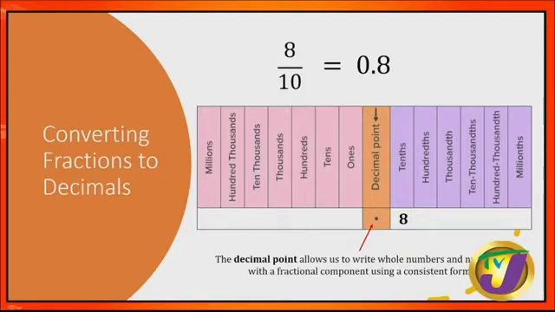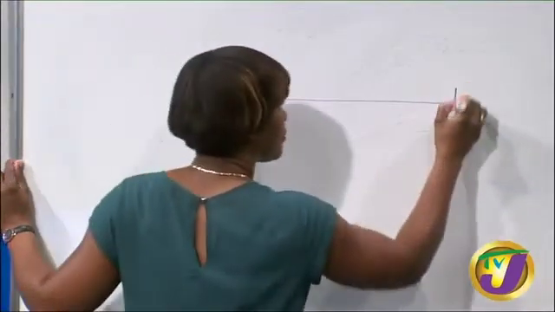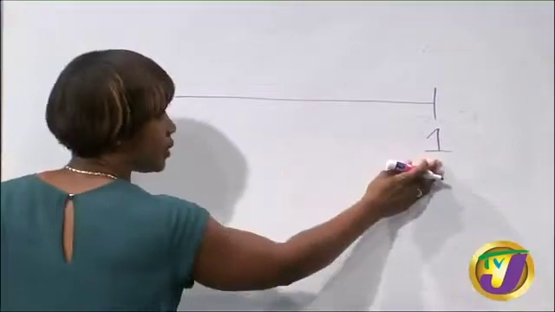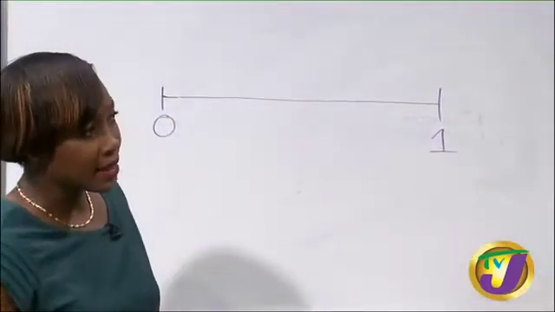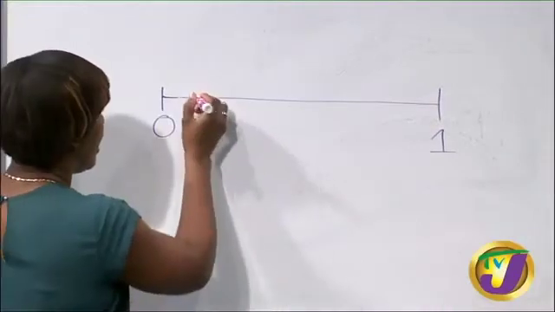So if we represent our whole on a number line, and we have 0 to 1, looking at 8/10, that means my whole would be divided into 10 equal parts. Let's do that.